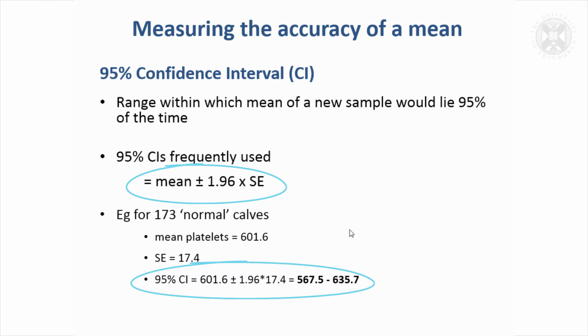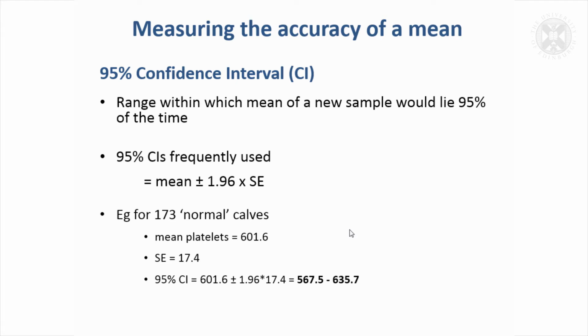So this range, if we were to take another mean of calves, we would be fairly certain it would lie within this range. Only 5% of the time would the value that we observe lie outside that range. So this is another popular way that people find quite intuitive to summarise the accuracy of means.